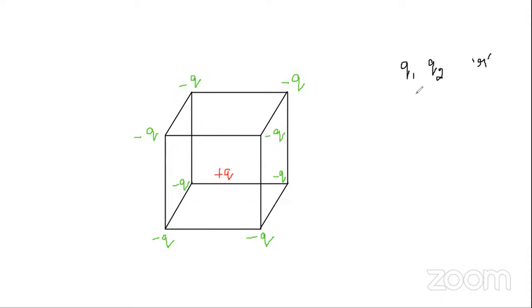If they are separated by distance r, what is the equation for finding out the electrostatic potential energy? Student: Sir, 1 over 4 pi epsilon naught q by r.